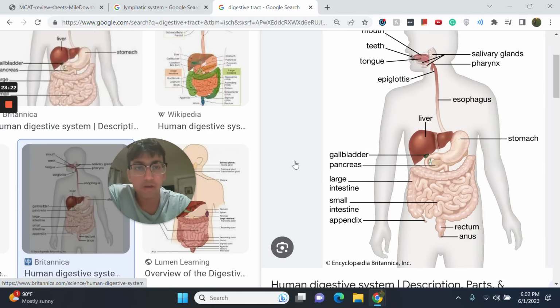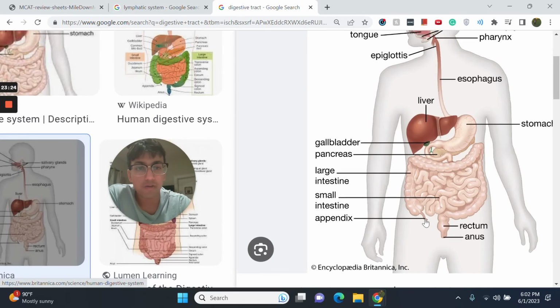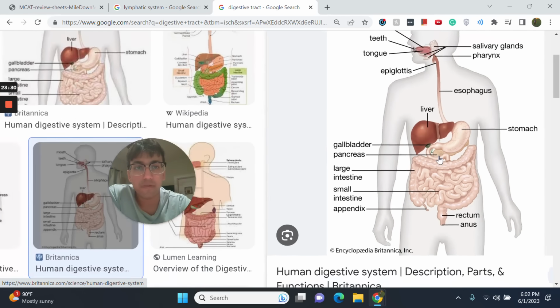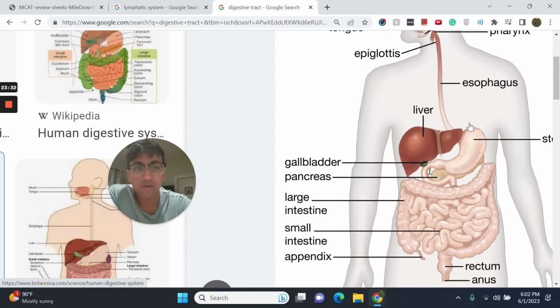Maybe we should do this one. Okay, so you can see that you have the appendix over here, you have the large intestine, and then you have the rectum and then the anus, right? Your liver is over here, and it's going to create bile. That bile is going to be stored in the gallbladder and then released into the duodenum.